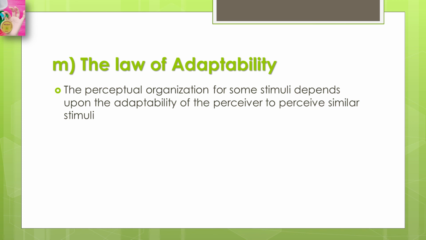Another limitation of the laws of organization is that most of the laws relate primarily to the perceived organization of two-dimensional patterns. However, it is extremely difficult to apply the Gestalt laws of organization to certain complex visual stimuli.